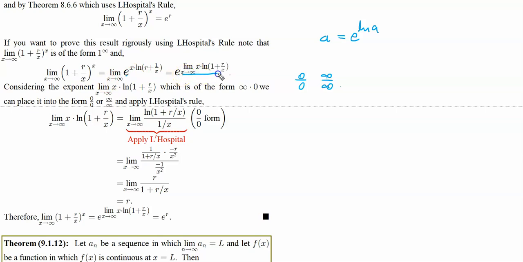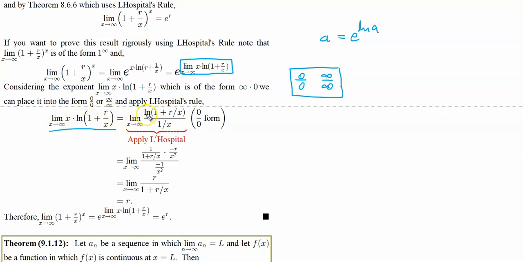Then you're faced with evaluating this limit in the exponent. Now this limit is of the form 0 times infinity, because as x approaches infinity, this is going to infinity, and this is approaching the natural log of 1, which is 0. And then you can turn that into one of these limits by just rewriting it algebraically. So right here we have the limit of the exponent.